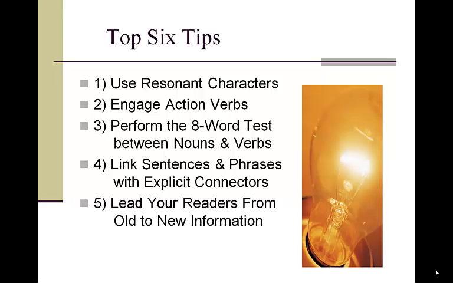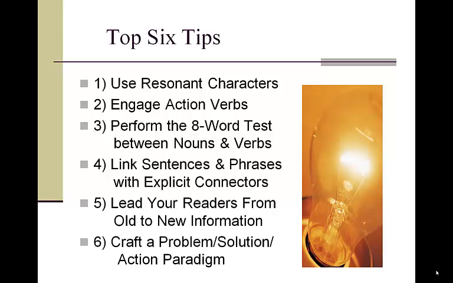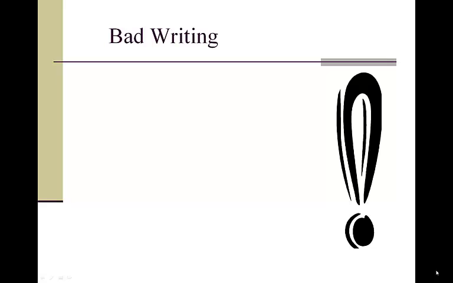Number 5, lead your readers from old to new information, first establishing common ground and shared experiences before moving into new territory. And number 6, frame a problem, pose a solution, then call to action as an effective way to structure your writing.